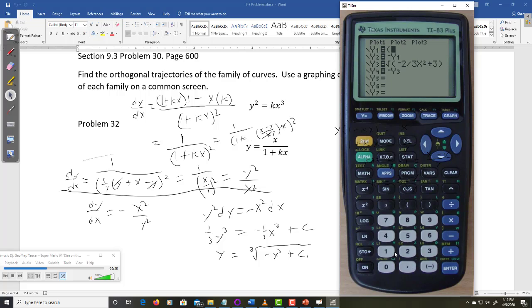Let's see. x divided by 1 plus, let's say 2x. Let's say x divided by 1 plus 10x.